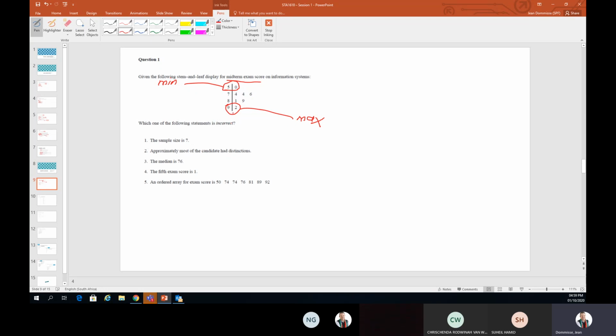The other thing is there's always reference to a range, maybe not even in this one, but then we are covered for other questions. The range is the maximum minus the minimum. So in this instance, it would have been 90 minus 50. But let's first go through the question.